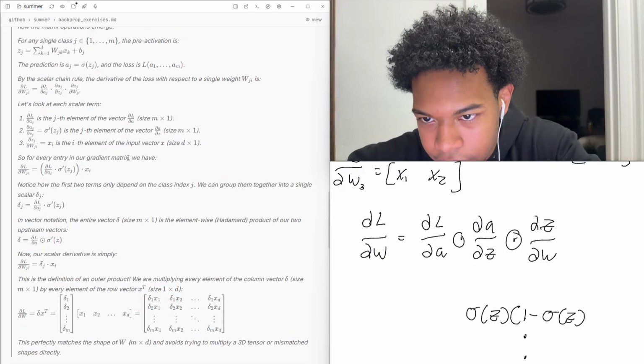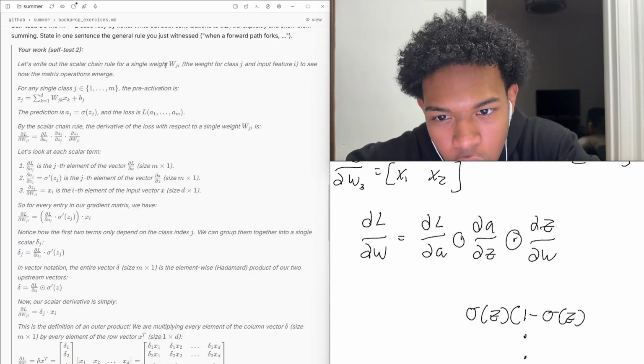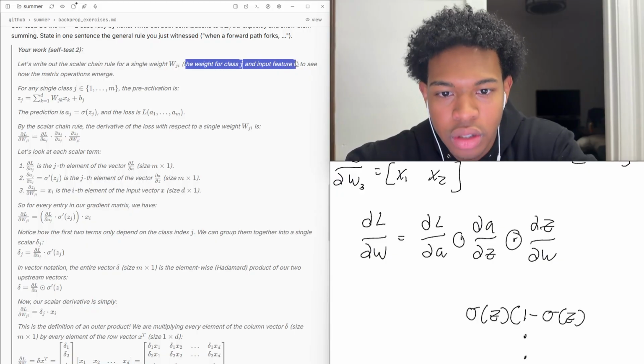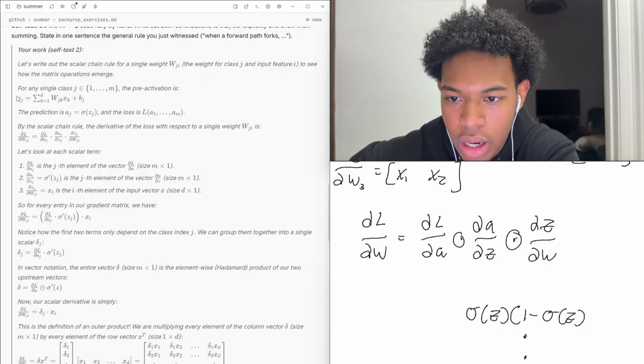Let's write out the scalar chain rule for a single weight W_ji, the weight for class j and input feature i, to see how the matrix operations emerge.